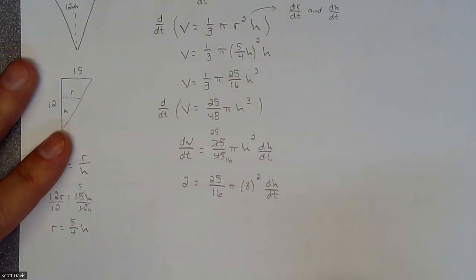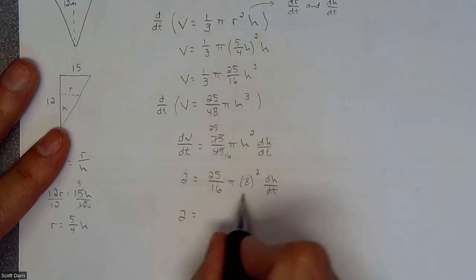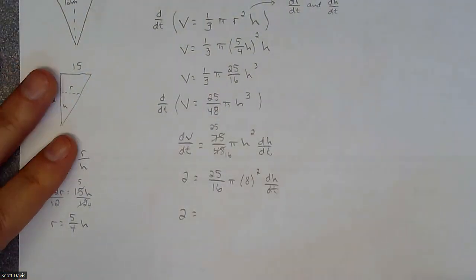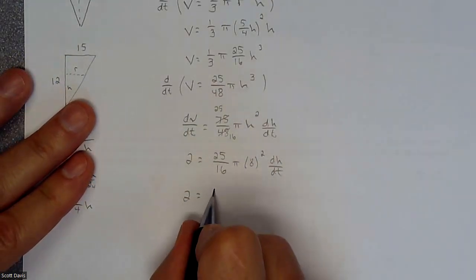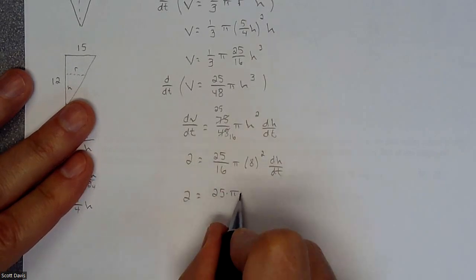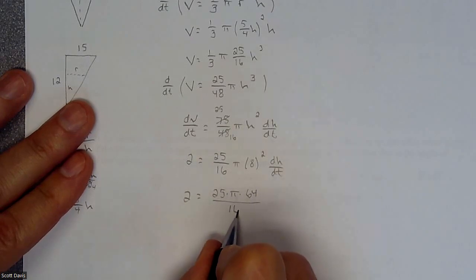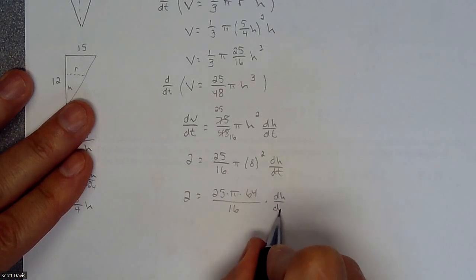All right, let's keep fighting through the math here. So we have 2 equals. Now I'm going to organize this because I'm going to try to do this whole thing without a calculator and see what we can get. So I'm going to start to really make our fractions here. So we have a 25, a pi, and a 64 over 16 times dh/dt.